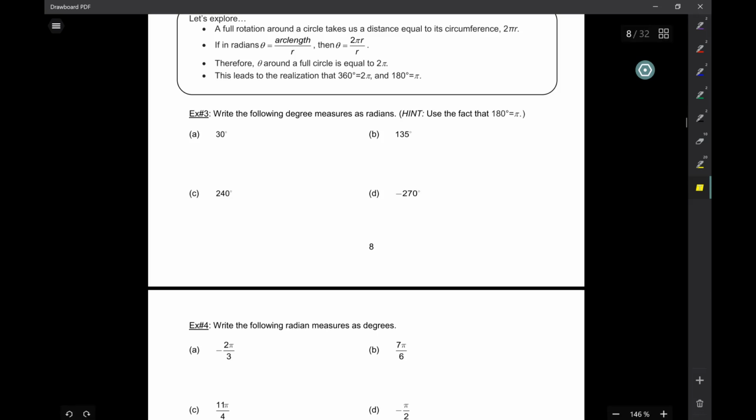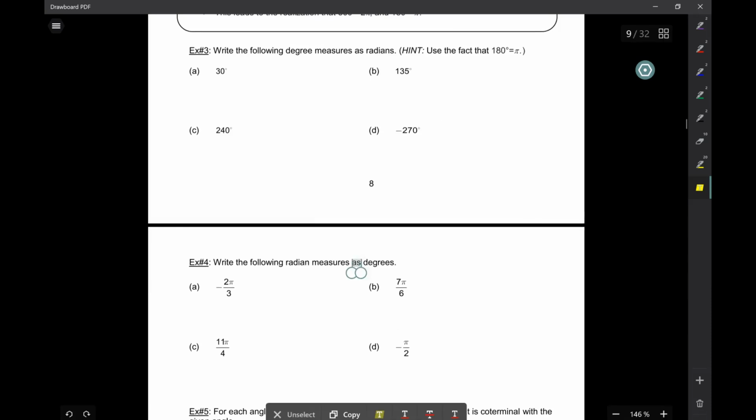So here I have a couple of angles that are in degrees. Can I write them in radians? Well, of course I can. What you're going to do is use the fact that 180 degrees is equal to pi. Here is the 30 degrees we have to convert. I always multiply by a fraction bar. What is it that I want to get rid of? I want to get rid of degrees.